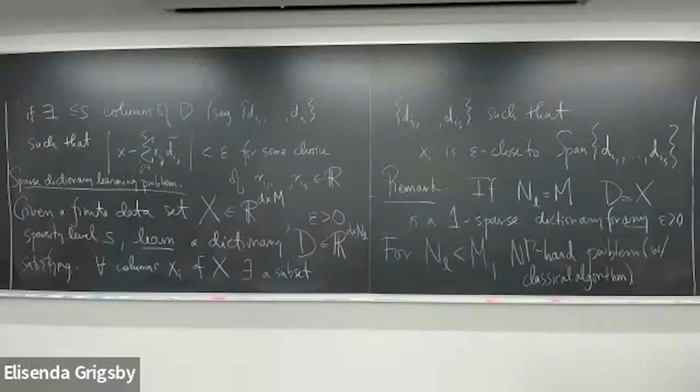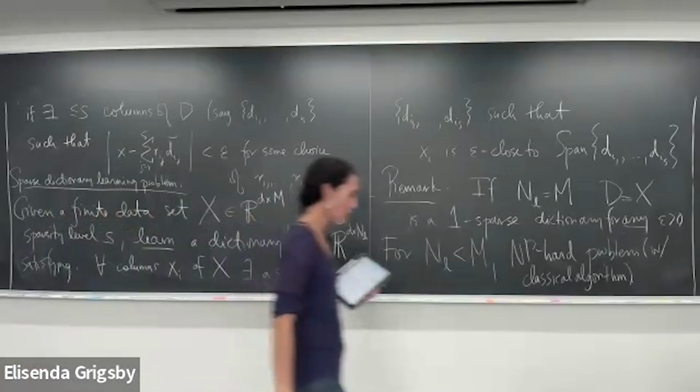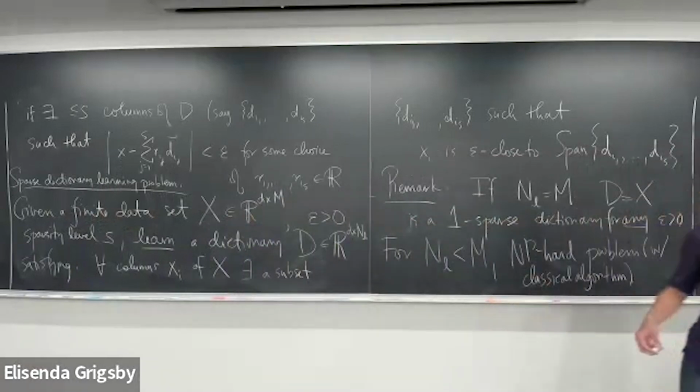Then maybe you fix NL in advance, but maybe you have some wiggle room and you want to fix some kind of sparsity level, and then you want to see whether or not you can do this. And again, there are algorithms out there, but they are not super efficient.